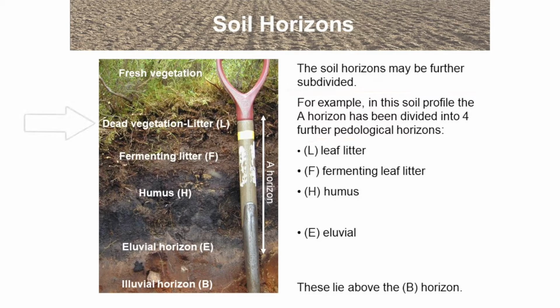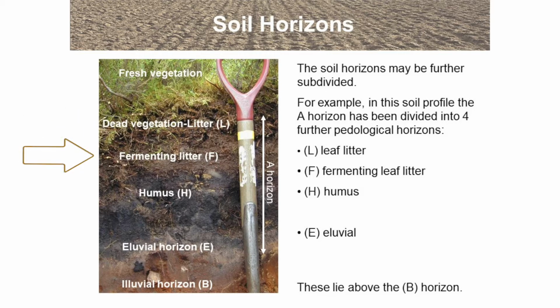The first is the dead vegetation, litter, or called the L horizon. This material is on the surface of the soil and is not readily incorporated into the soil, although in time it will be worked into the horizons below, provided there are organisms in the soil to do that.